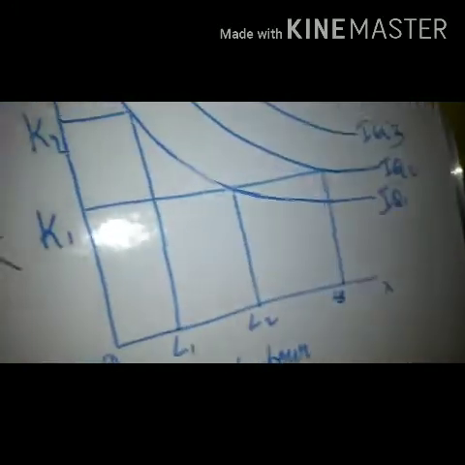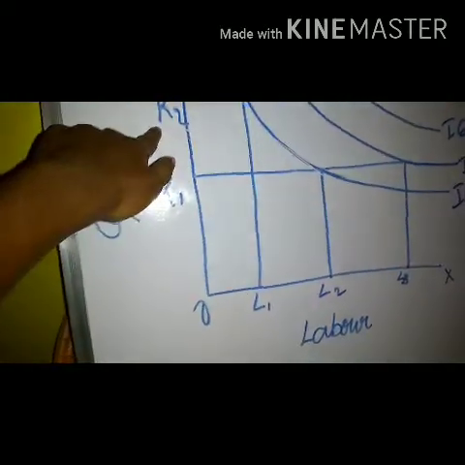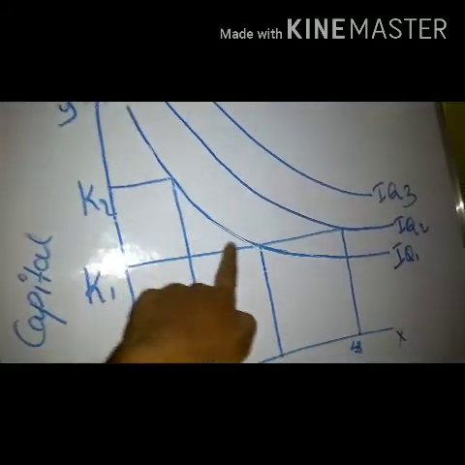Okay, so in the first process, the economy is using 2 units of capital and 1 unit of labor. The output will be IQ1.